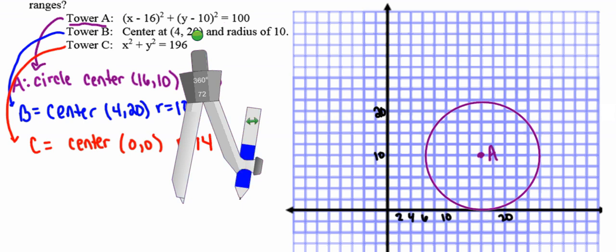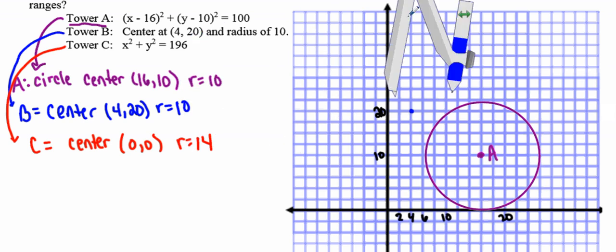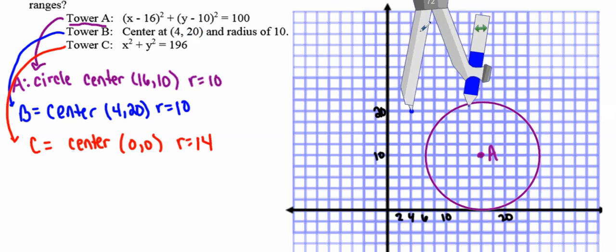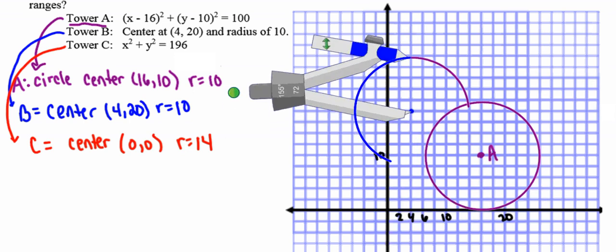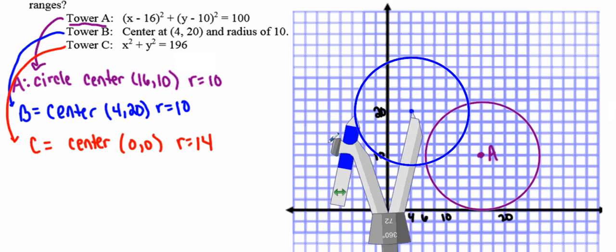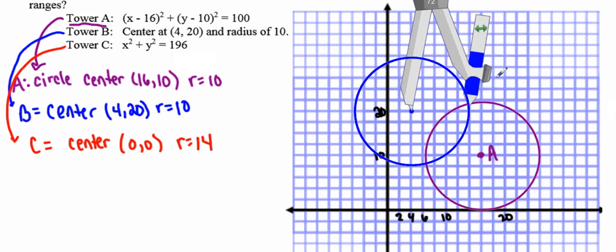The next tower I want to graph is Tower B. His center has coordinates 4, 20, so I'm going to go put that on my graph. And this one also has a radius of 10. So again, I'm going to grab my compass so that I can draw the most exact graph possible, and I want that fellow to be blue just to kind of keep track of these.